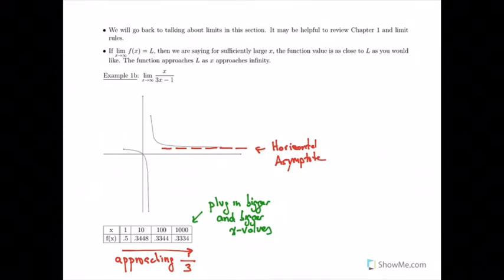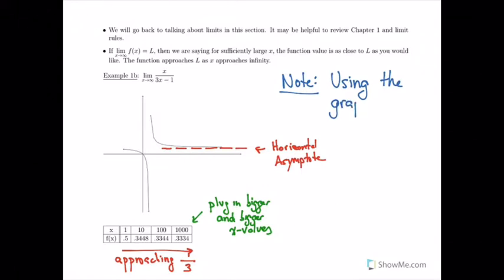Now, in both of these cases, using just the graph and using just the table, here's a note: using just the graph or just the table is not enough. It's a good idea to see what's going on, but we need to take care of this algebraically, which we will see in just a little bit.